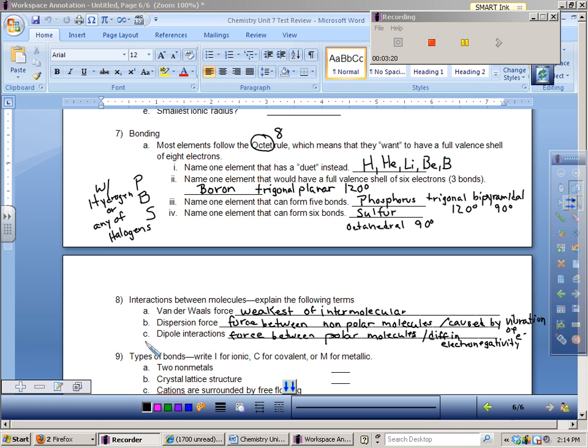And then let's not forget hydrogen bonds. And hydrogen bonds are going to be between polar molecules with lone pair electrons and hydrogen.